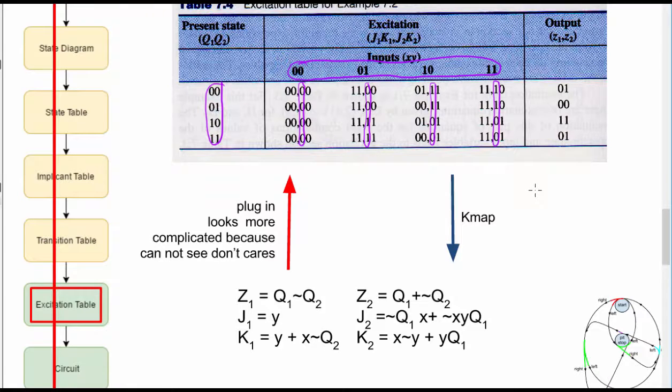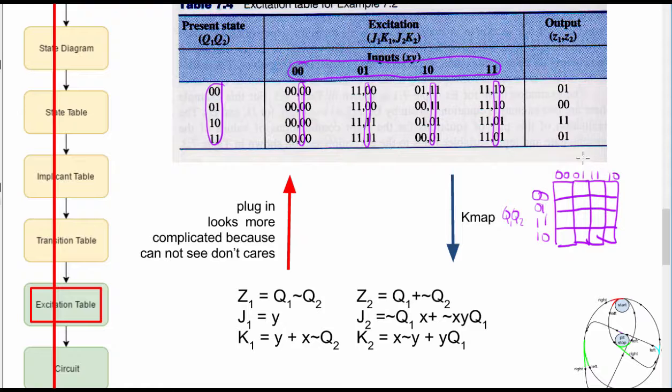We'd have 0, 0, 0, 1, 1, 1, 1, 0, and this would be Q1, Q2, and then another 4 by 4 Karnaugh map. And then up here we'd have X and Y. So we're basically just flipping this row and this row.